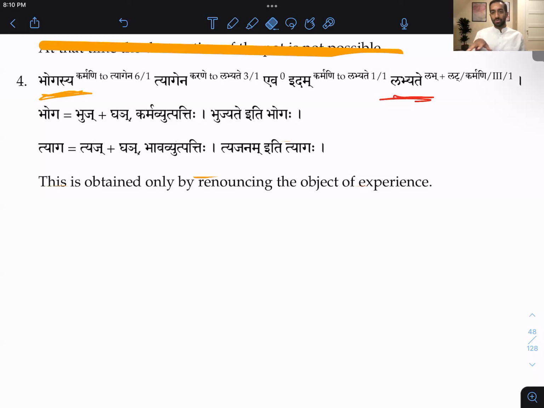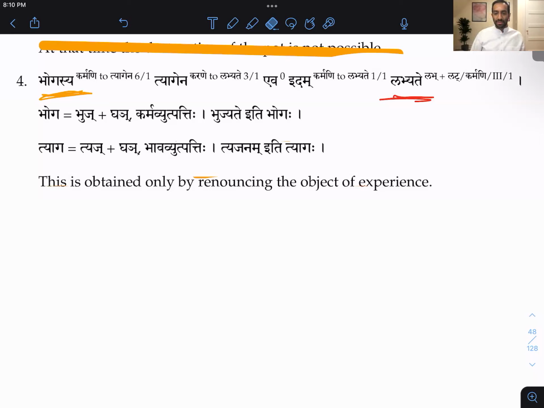The bhoga is what we're renouncing. You can still use the word of, renunciation of the object of experience, but it's not in the sense of sambandha, it's karmani. Even if you say sambandha, it doesn't really have any meaning. It just means connected. But usually that means in the possessive sense.